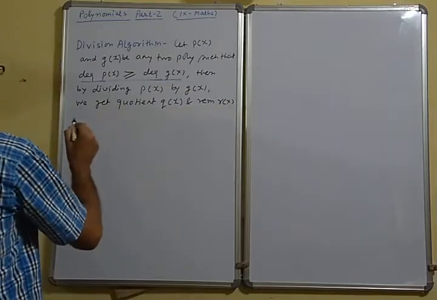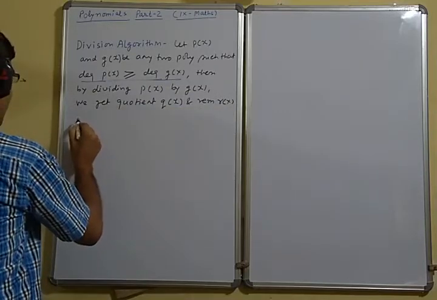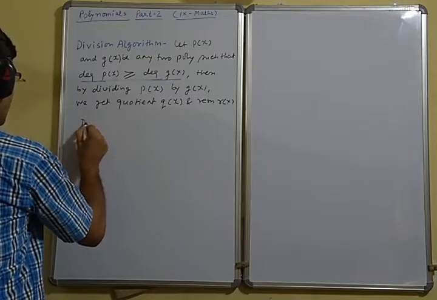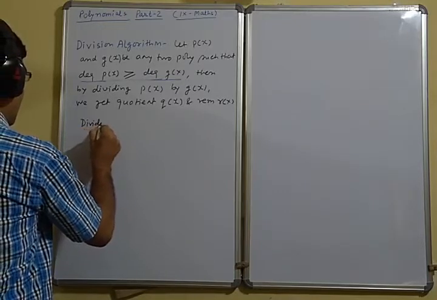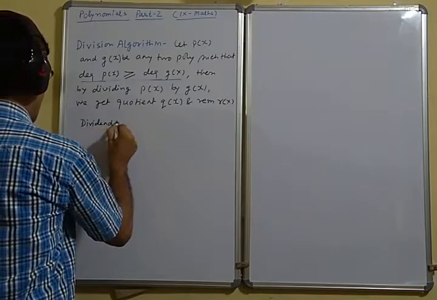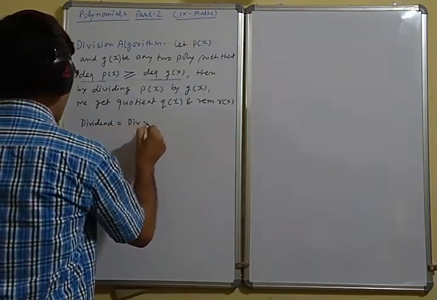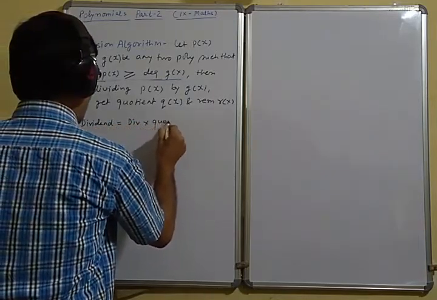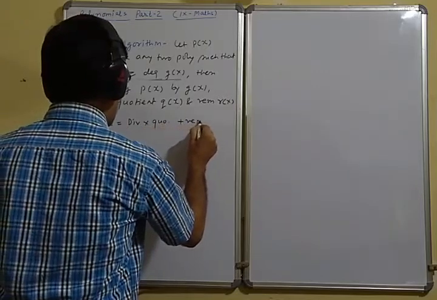Now we have a formula: dividend is equal to divisor multiplied by quotient plus remainder.